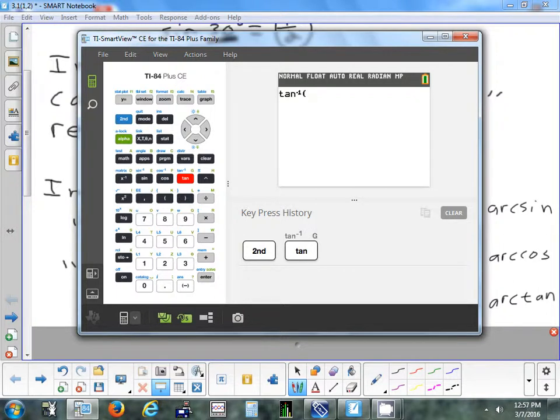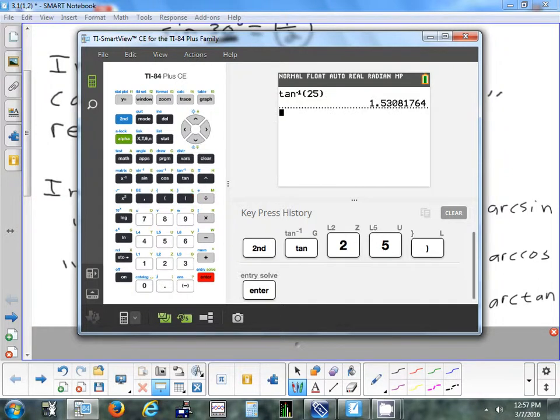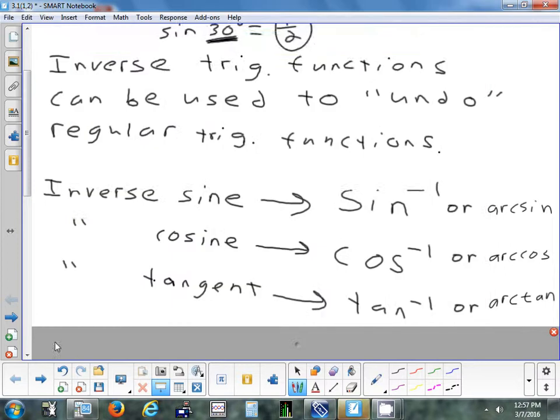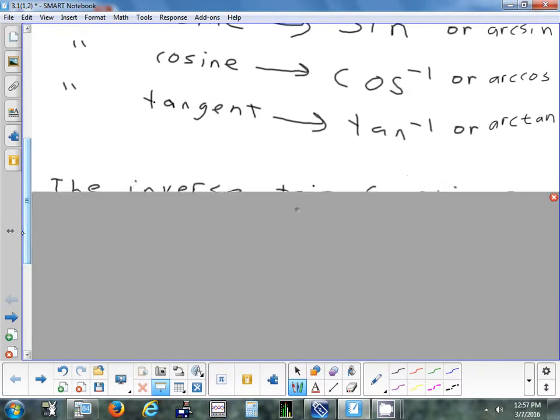That's it. And then you'd have to type in a number, like inverse tangent of 25. Okay, so the thing that you type in, we call that the argument. 25 is the argument, the thing I'm going to take the inverse tangent of. Okay, so any questions on how I type that in? Okay, at first, we're not going to need the calculator. We're going to use a chart for some of the answers. Okay, so just hang on to that chart.